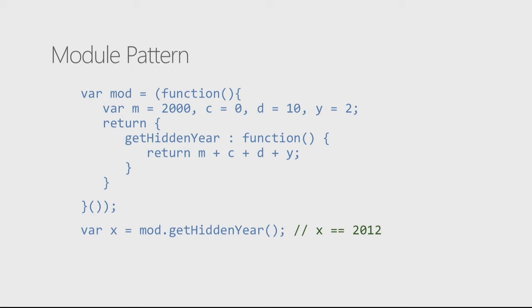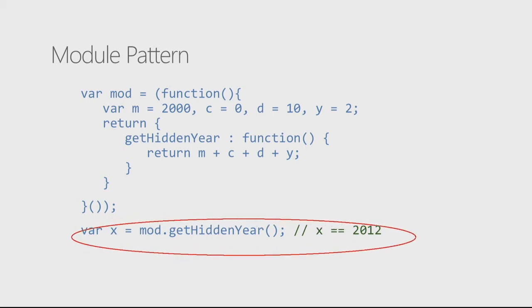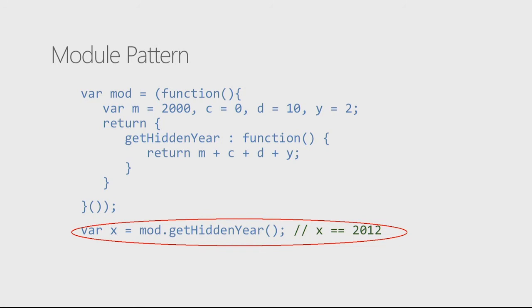Because this function is returning a value, it returns an object, and inside that object it has a method called getHiddenNear. So down below, when I look at var x equals mod.getHiddenNear, this whole thing is possible to call, even though it was inside of that function, because it's being returned as a method of an object coming out.